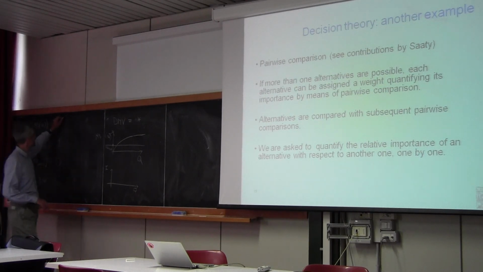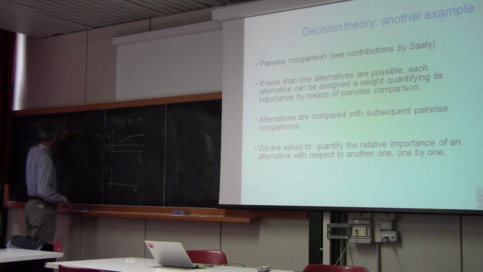So basically, you have a utility function depending on the benefit, and you have the benefit here, between 0 and 1. This function can be, for instance, like so.